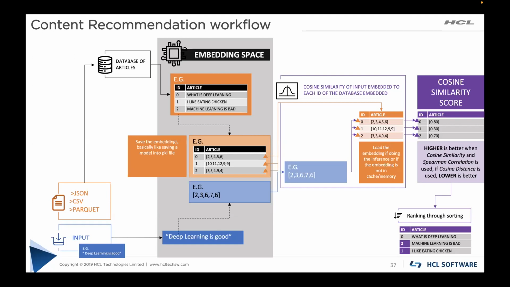And then between those articles and whatever is written, a cosine similarity score is generated for all the articles, and then recommendations will be sorted based on the cosine similarity score, which you can see here on the right side, and then the top 5 or top 10 recommendations will be given in the authoring window.